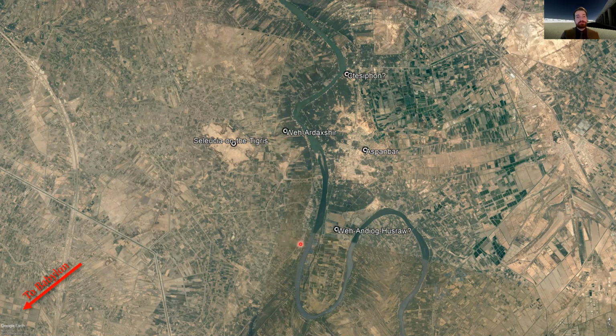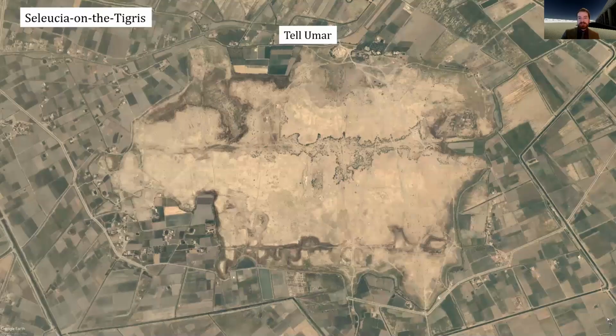As we'll get into in our last weeks of the class, we will come back here and talk about these sites. But Seleucia on the Tigris, as you can see, is this massive site, and it continued well into all of these current farm fields, and you can see the remains of Tel Umar right here.